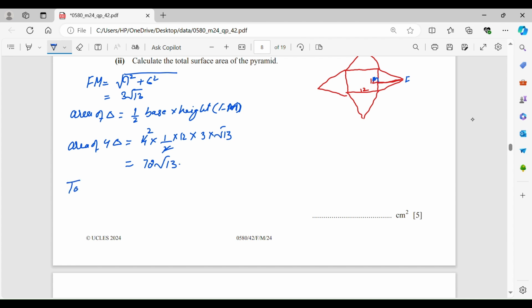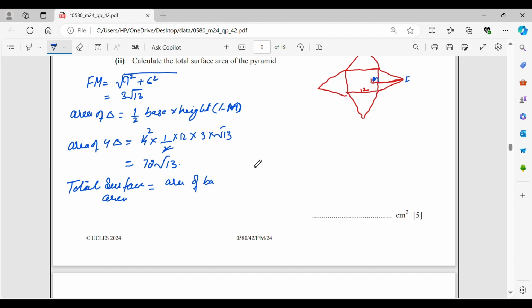Total surface area will be equal to area of base plus area of 4 triangles, where the area of the base is 144 plus 72 root 13.